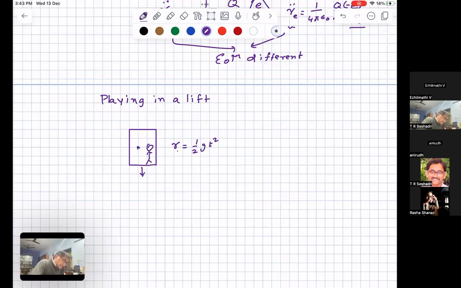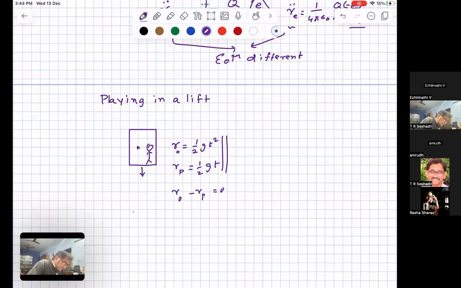Of this observer, the R of this particle will also be half GT square because it is falling in the same gravitational field. And as I said, since the equation of motion of each of these does not depend on their masses or charge, both will fall in the same way. And hence, R observer minus R particle is 0.